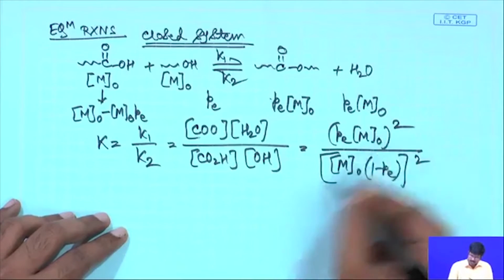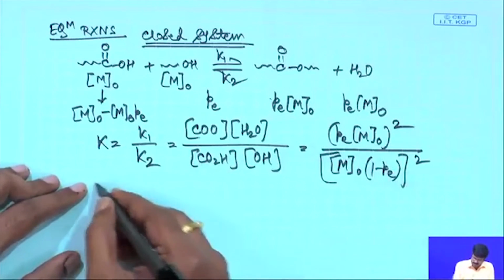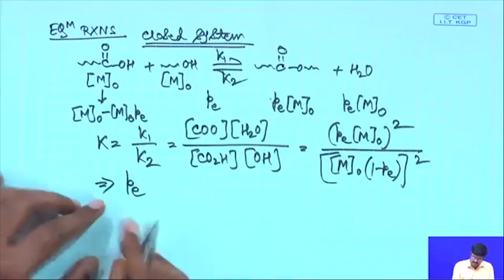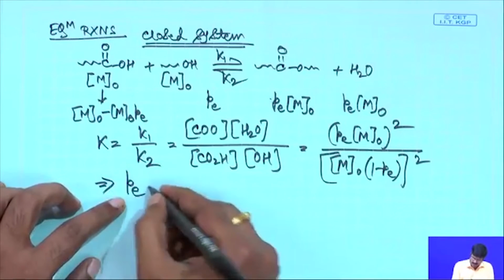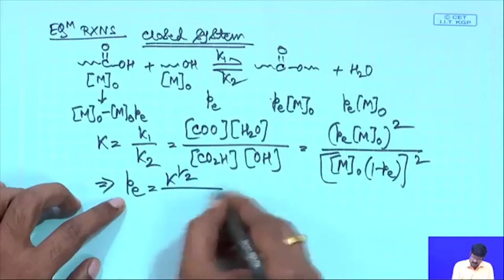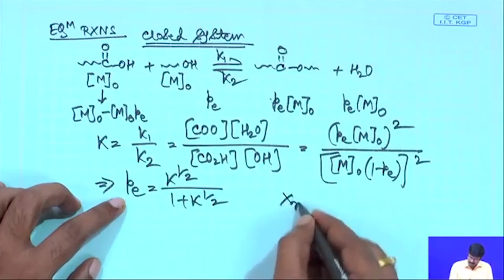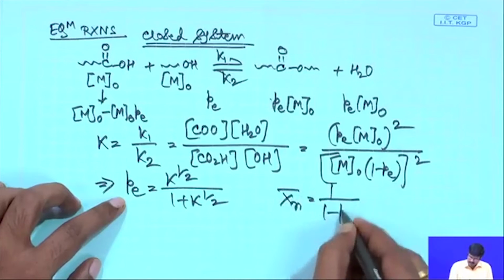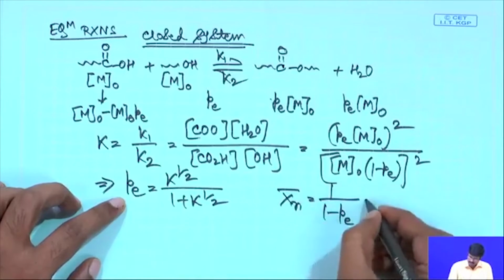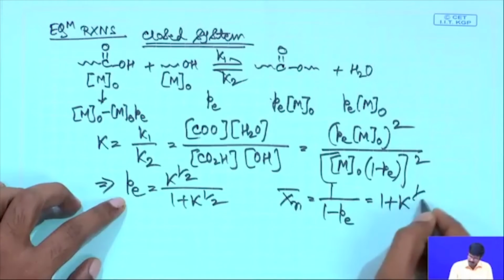So, this M0 will go, and if you do the final calculation, what you can find out is small PE, which is your extent of reaction, it will be equal to k to the power half divided by 1 plus k to the power half, and your Xn bar, which is nothing but 1 divided by 1 minus PE, Carothers equation, that will be equal to 1 plus k to the power half.